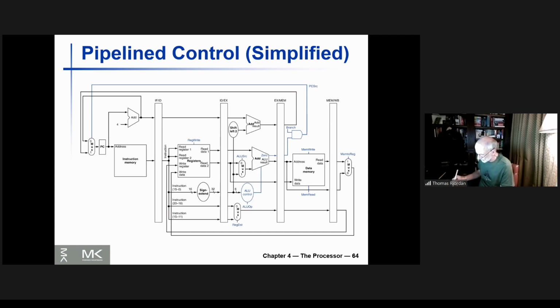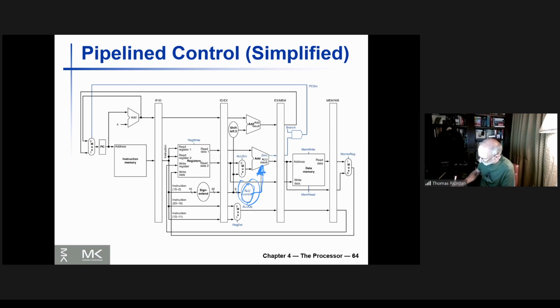So here he just takes the same diagram and sticks in the control logic at the appropriate pipeline place. Here's the part that's doing the ALU, and the important point is that the logic that's controlling the ALU, that's telling the adder to add or the subtractor to subtract, whatever it's telling it to do, has to be aligned with the data.